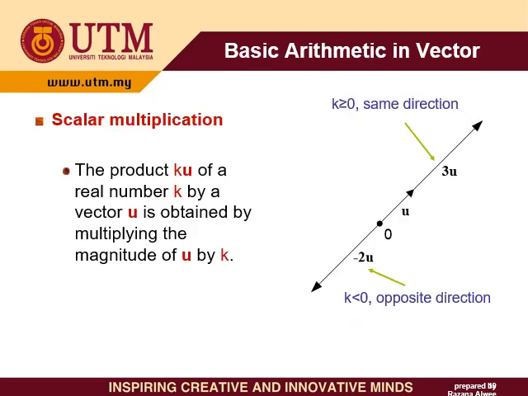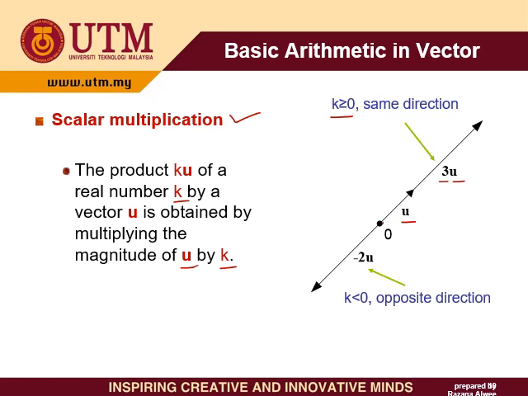Okay, now we will look into scalar multiplication. The product ku of a real number k by a vector u is obtained by multiplying the magnitude of u by k. So we have here our u, this is our starting point, 0, u. In the same direction, k is more than or equal to 0, the scalar is 3, so 3 multiplied by u.